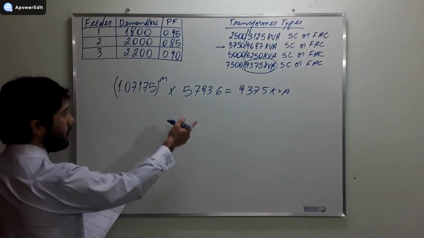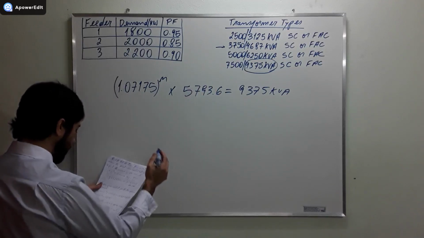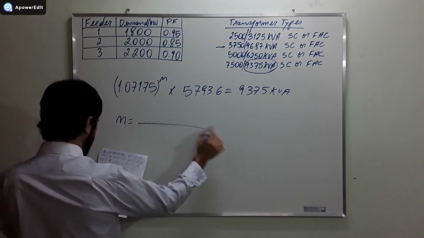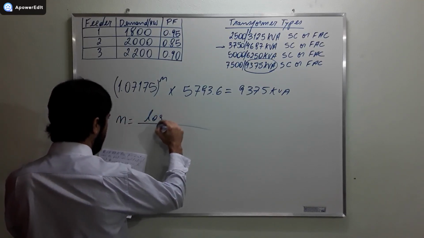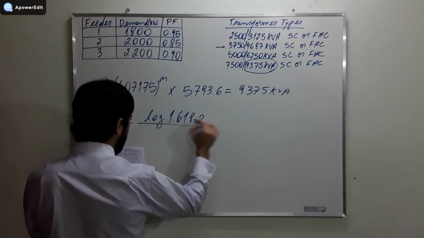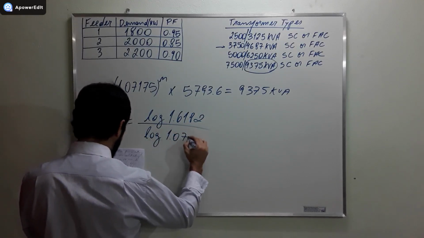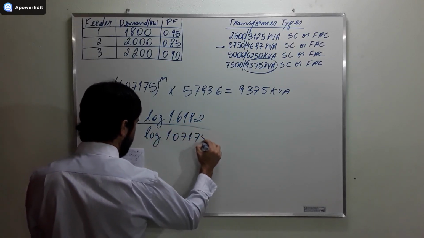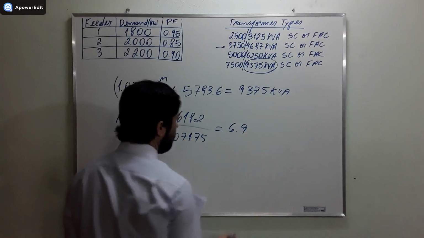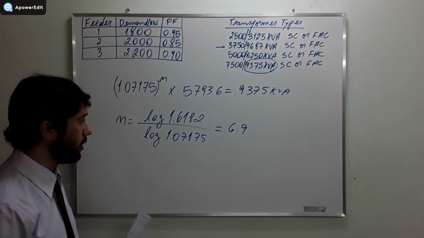And then we apply the logarithm here. We pass this dividing there. We apply the logarithm. And then we find that n is going to be equal to the logarithm of 1.6182 over log 1.07175, which is equal to 6.9. We are going to use it approximately, okay?